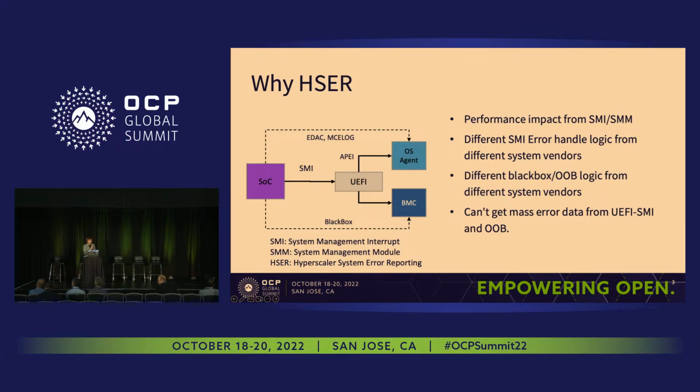Besides the firmware reporting, the BMC and OS can also access the error domain directly. The BMC utilizes I2C or PCI to access the error domain directly and report errors with system event log or black box log, which is an out-of-band solution. The operating system utilizes EDAC or MCE log to realize direct error domain access as well.